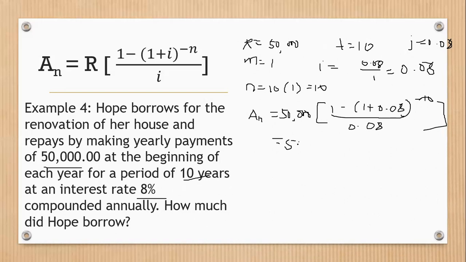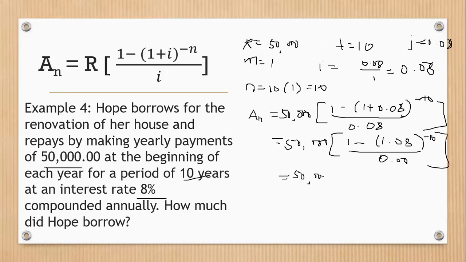Simplify again muna yung nasa parenthesis. 1 minus 1.08, since 1 plus 0.08 is equals to 1.08. Raised to negative 10 divided by the interest, which is 0.08. 50,000, 1, then 1.08 raised to negative 10.